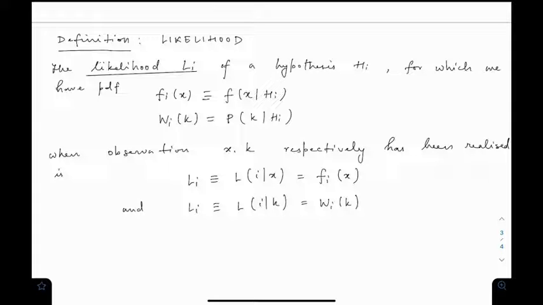Now the index i, which denotes the hypothesis, is treated as an independent random variable.